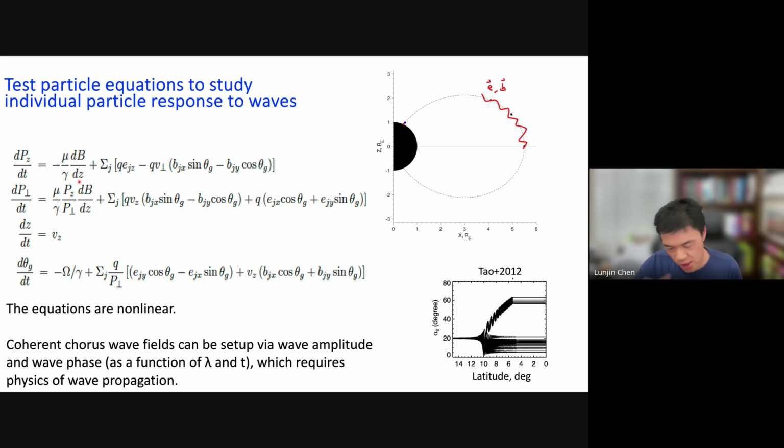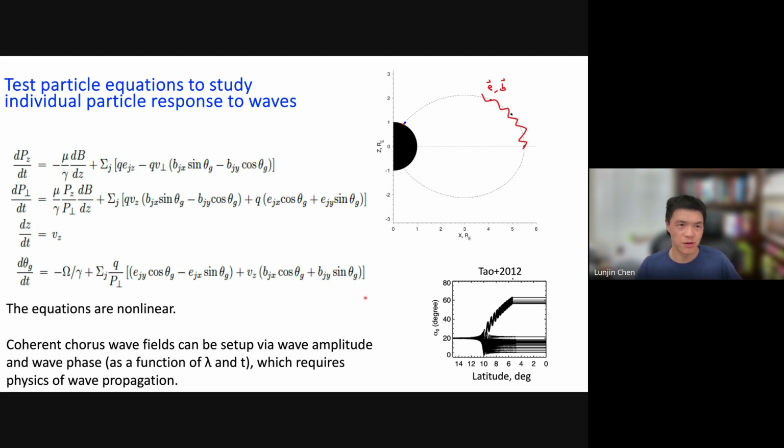There's a single field line, and we solve for the perpendicular momentum changes due to the background magnetic field and the wave fields, and we also keep track of the electron gyrophases, because the phases of the wave depend on the location, therefore the entire equation can be nonlinear.